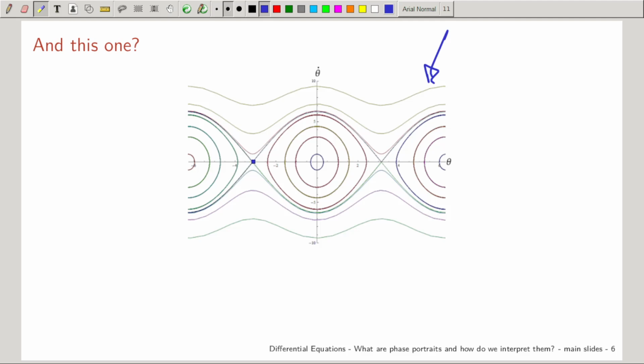Which trajectory is this one? Oops, I hope you get the point. Which trajectory is this one?